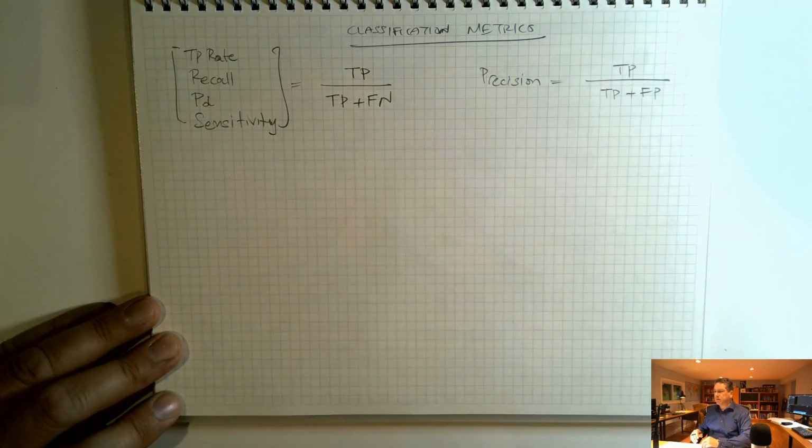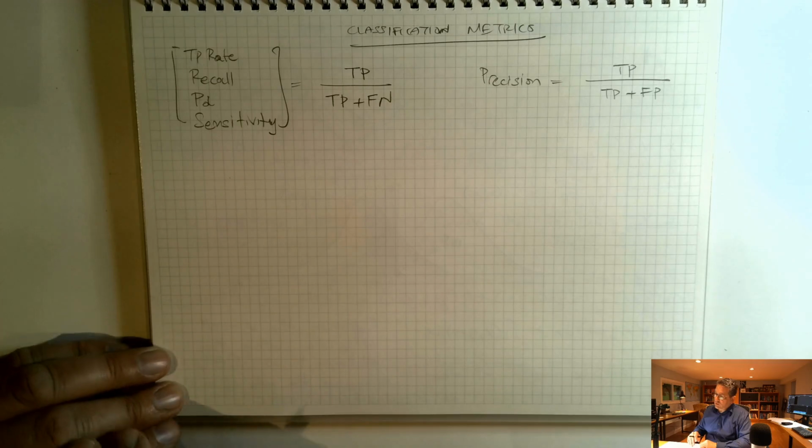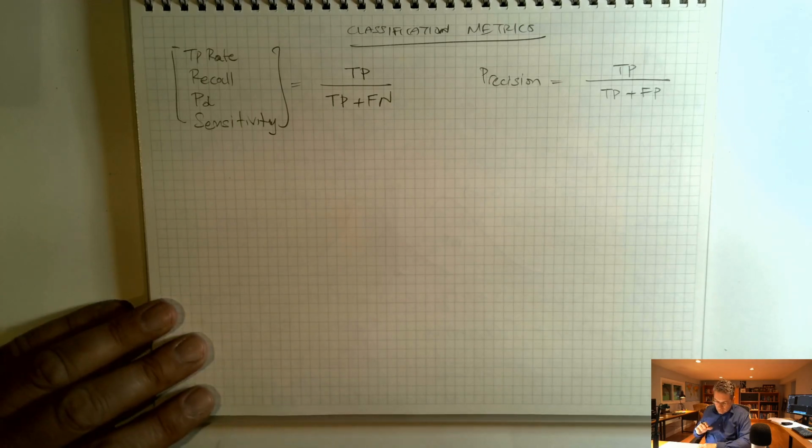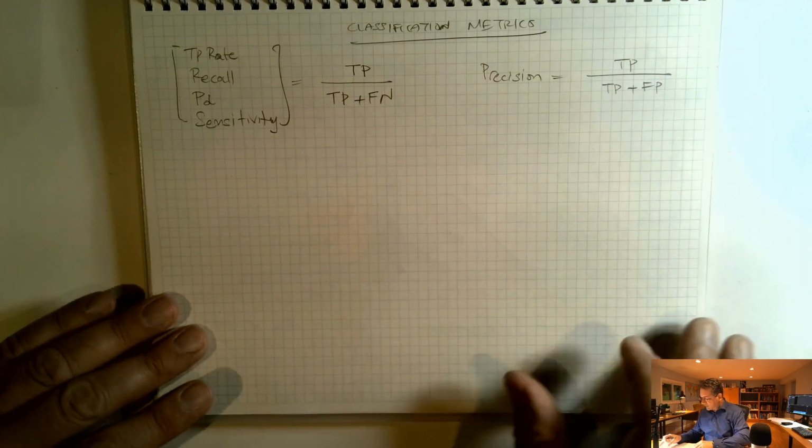If you followed the video where we plotted these histograms in a binary classifier with the so-called radar problem, you probably understood the trade-off that exists between false positives and false negatives.